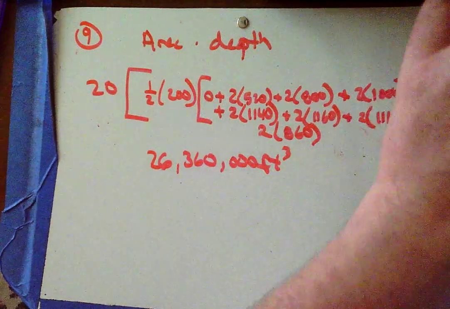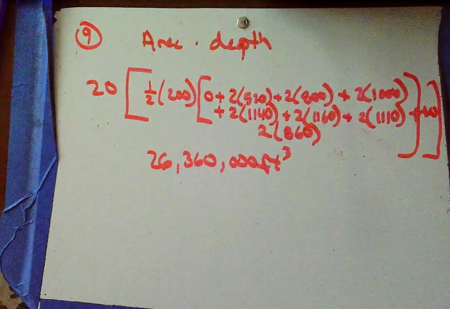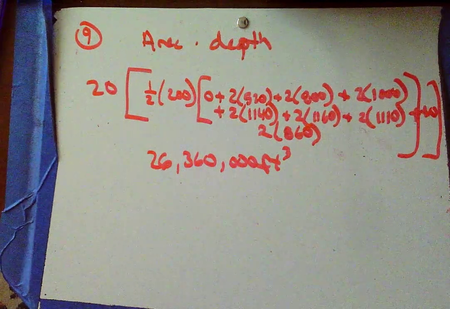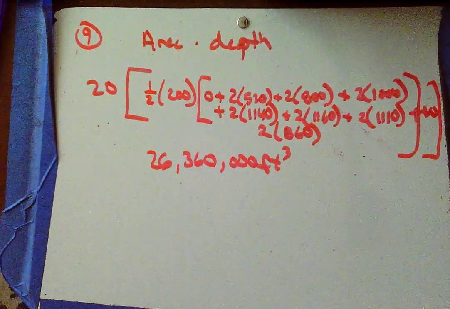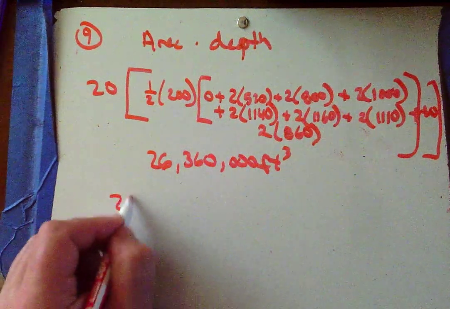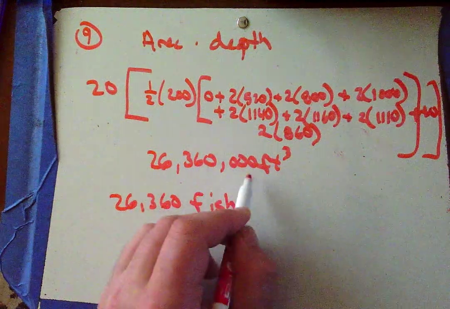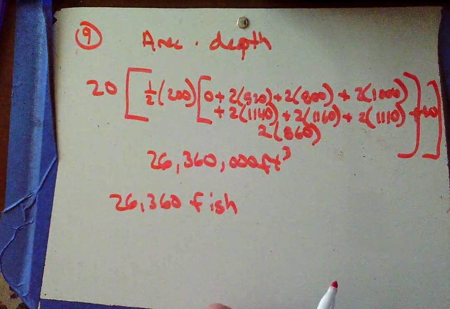All right, next, part B says you start the season with 1 fish per 1,000 cubic feet. Okay, so 26,360 fish because I divided by 1,000.